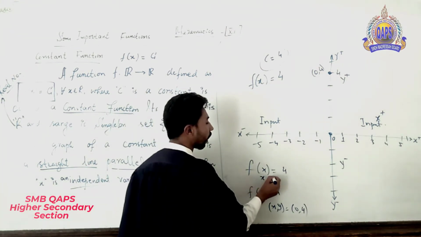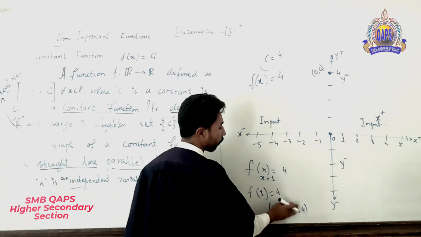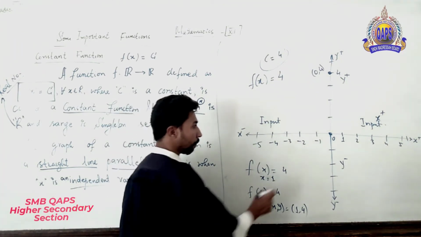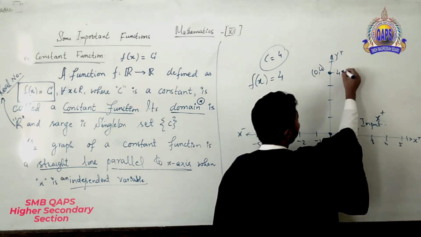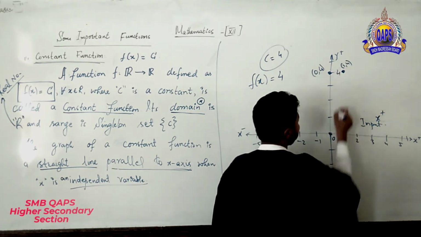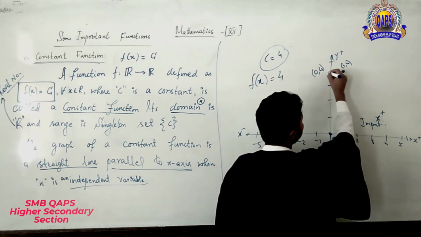If we put x equal to 1, then the outcome will be the same, 4. So the value of x and y is 1, 4. This is the 1 point and this is the 4 point. So here 1, 4 represents the function. Okay? This line represents the function.